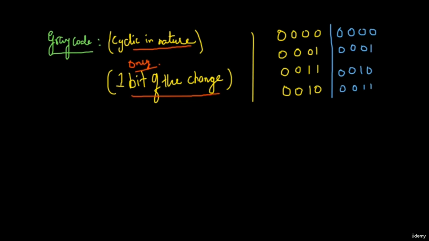So here this 0 changed to 1, so this is correct, only one bit of change. Now, if we do it in 8421 form, and this is our gray code, what is happening in 8421 form? This 0 is changed to 1, and this 1 is updated to 0. So a 2-bit change. We did not want that.